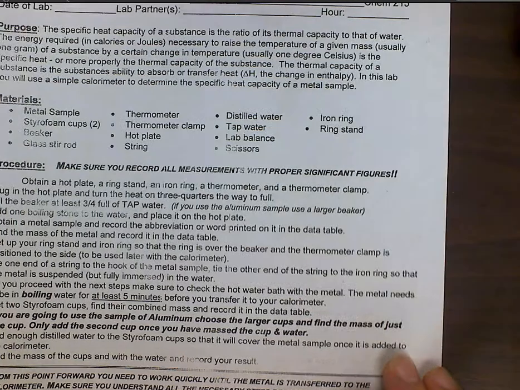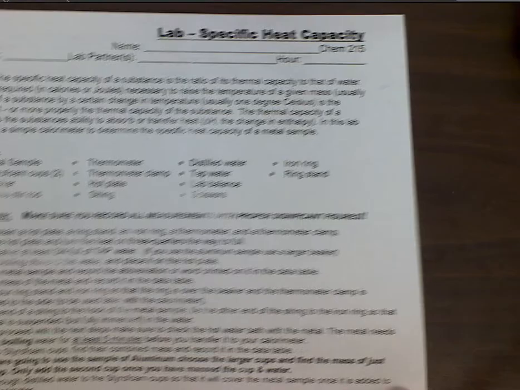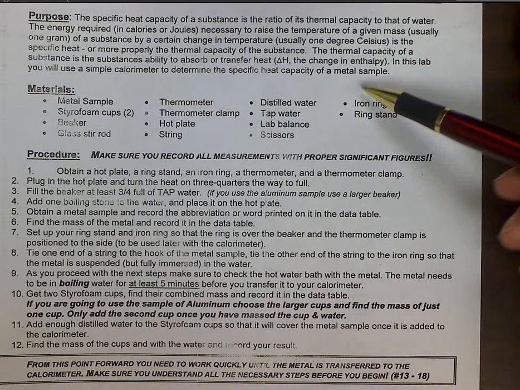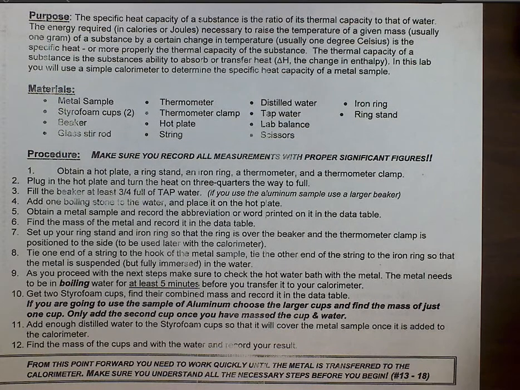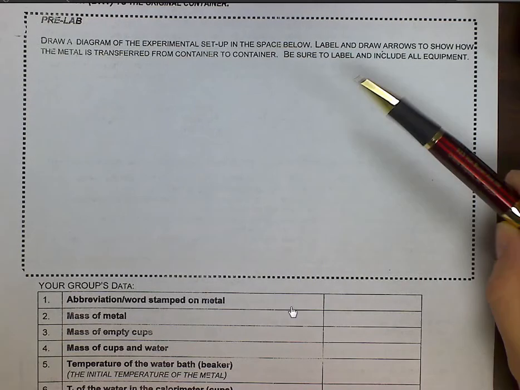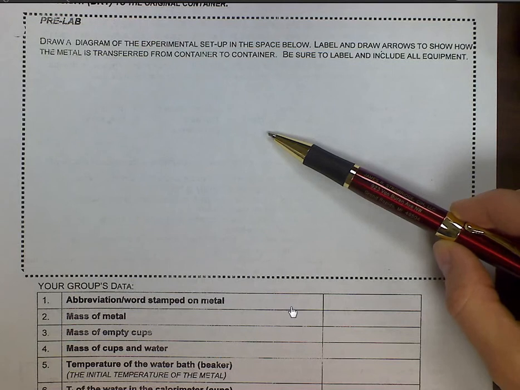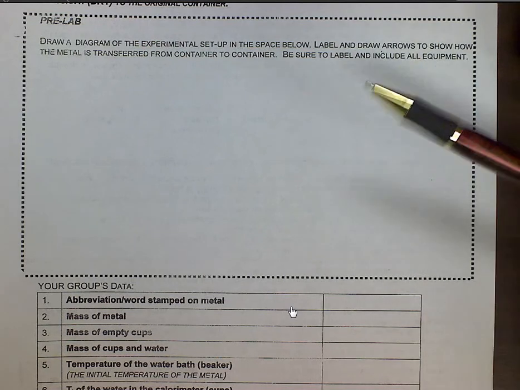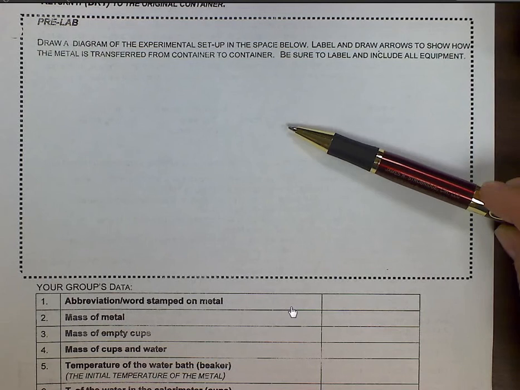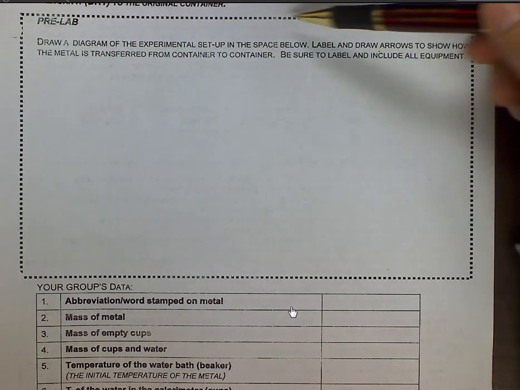So what you need to do is read through the instructions and how to set up this lab, and then on the back, your pre-lab is to sketch a diagram of how you're going to set up all of this equipment in order to do the lab. You will not be able to start the lab until you have this sketch done, and make sure you read the instructions, label your equipment, and make sure you draw arrows showing how you're going to transfer the materials from one container to the next.